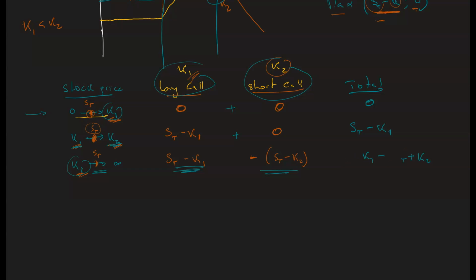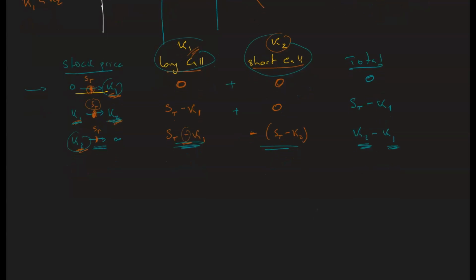The negative sign in front of K2 doesn't go away, so it stays there. So our payoff here is going to be equal to K2 minus K1, which is the strike price of the short call minus the strike price of the long call. That would be the payoff that we have to work with.